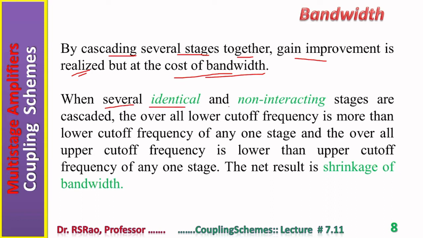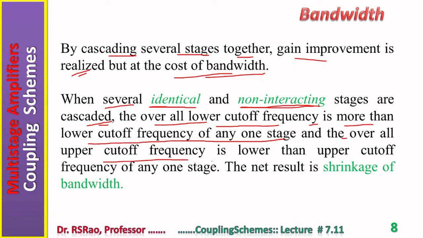When several identical, non-interacting stages are cascaded, the overall lower cutoff frequency is more than the lower cutoff frequency of any one stage, and the overall upper cutoff frequency is lower than the upper cutoff frequency of any one stage. The net result is shrinkage of bandwidth.